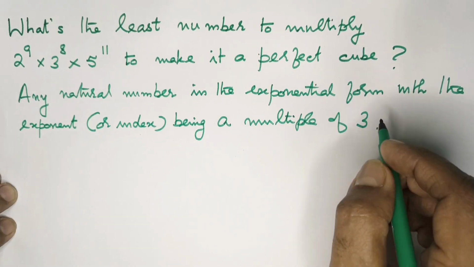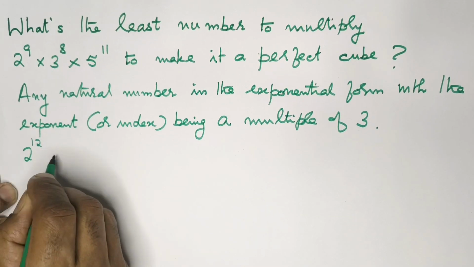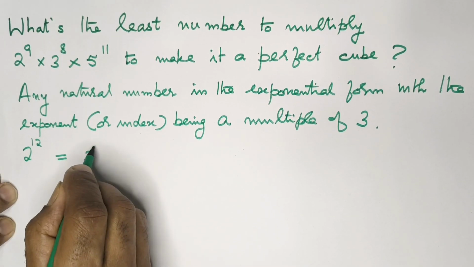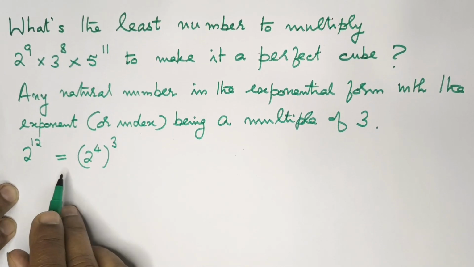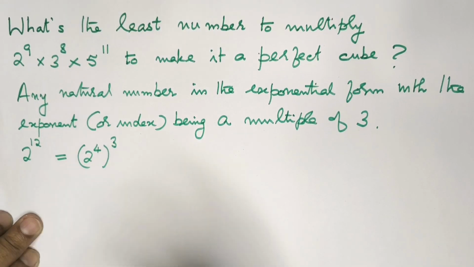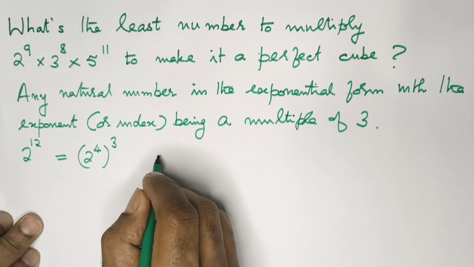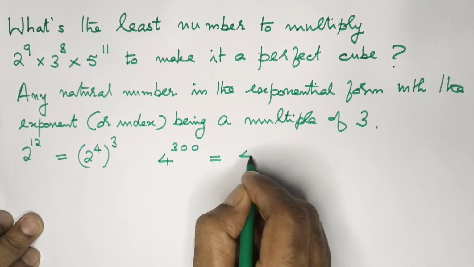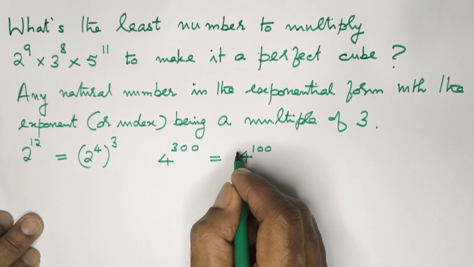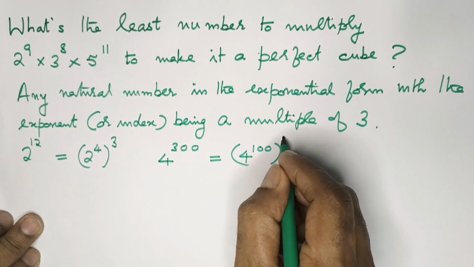For example, 2 to the power 12. See, this can be written as 2 to the power 4, the whole raised to 3, using the law of index. Or another example, say if I write 4 to the power 300, you can write it as 4 to the power 100, the whole to the power 3.